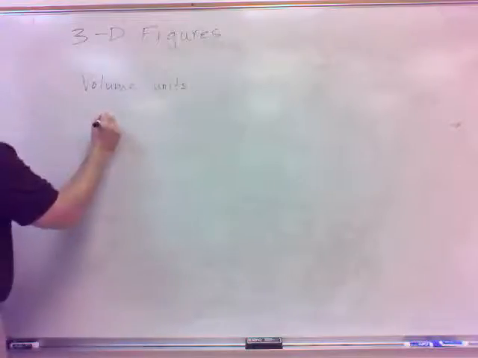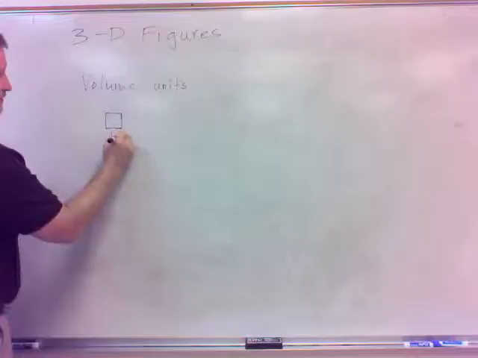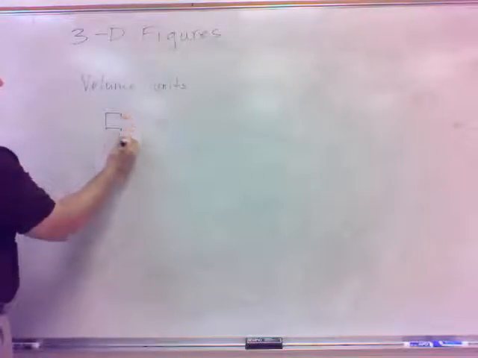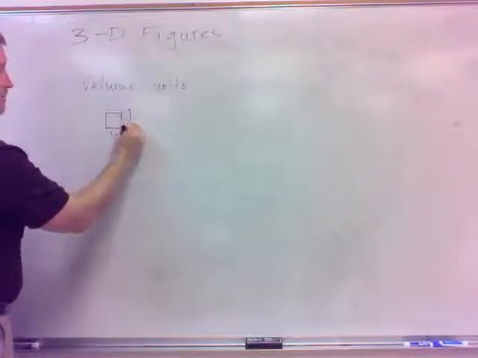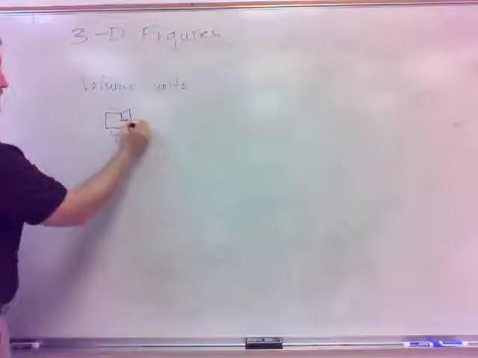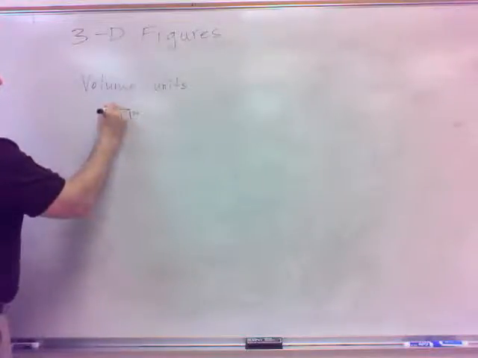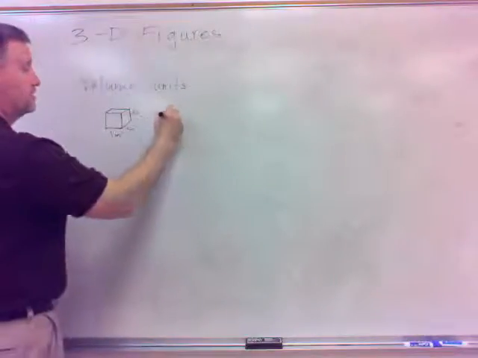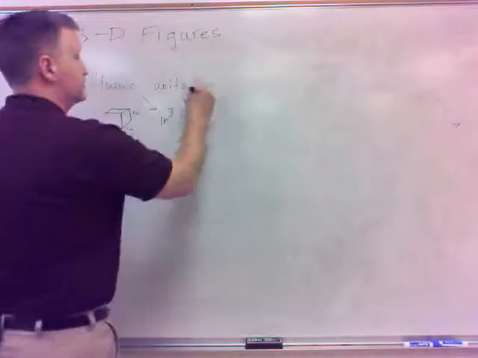What I have to do on the units for volume is take a unit, say inch is my unit here, 1 inch by 1 inch, and then I have to do the third dimension also 1 inch. So it's 1 inch long, 1 inch wide, 1 inch tall. That's one unit: an inch by inch by inch. So I have to do an inch cubed for my units, if I'm doing inches anyway. The units for volume are cubic units.